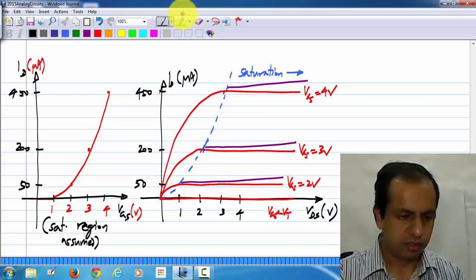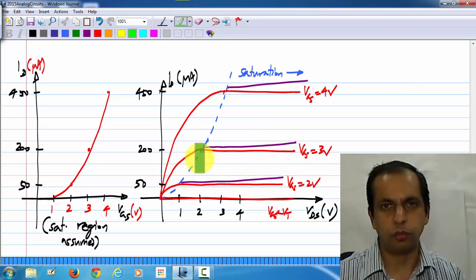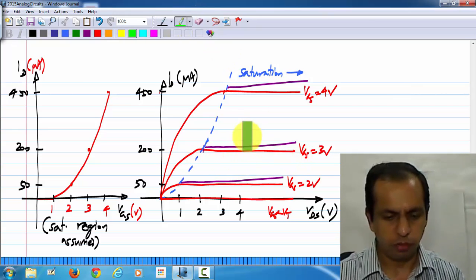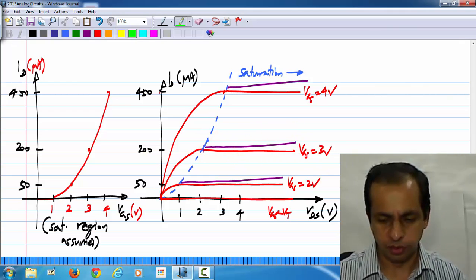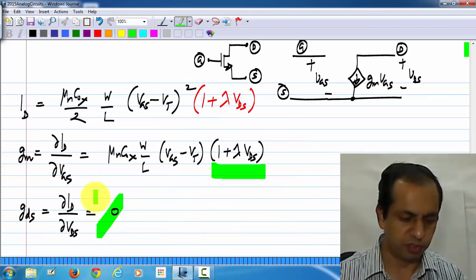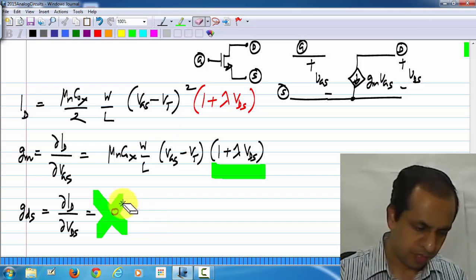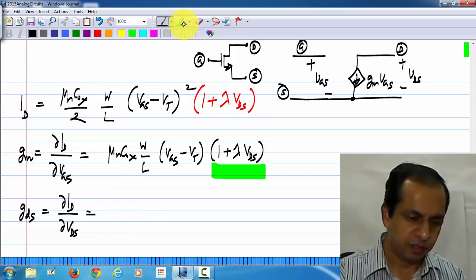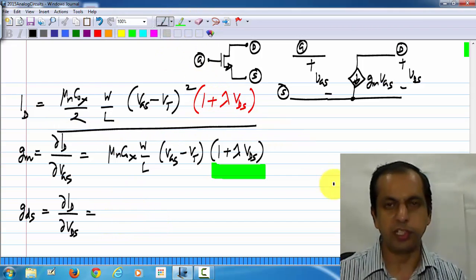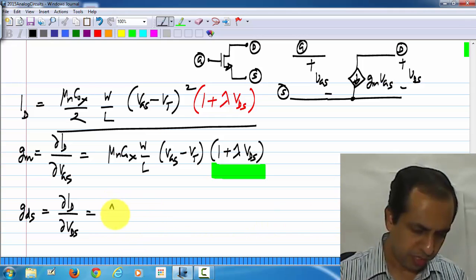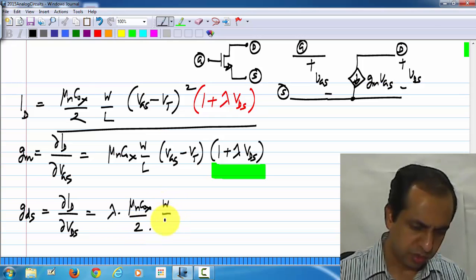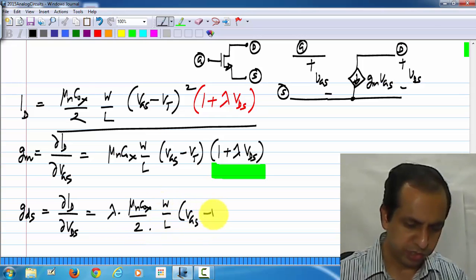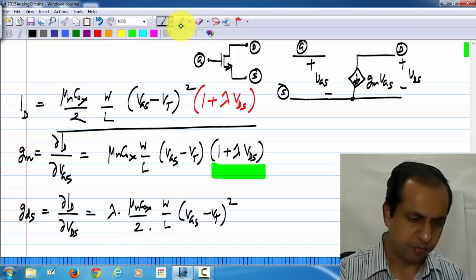That is, the slope of the red curve here is 0, but we now know that it is really the purple curve. So, the slope is not 0. If we calculate that from this expression, you will easily see that it is equal to lambda times mu n Cox by 2 W by L times VGS minus VT squared.